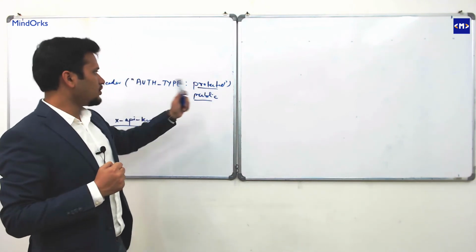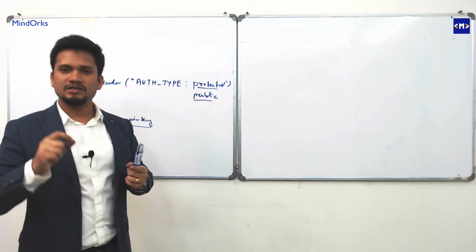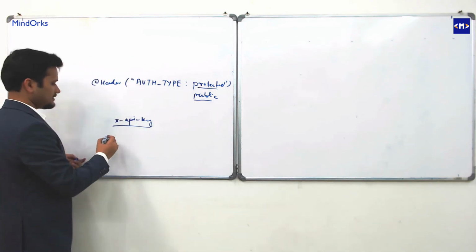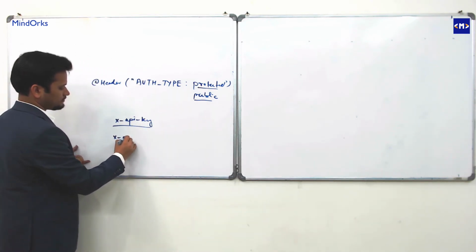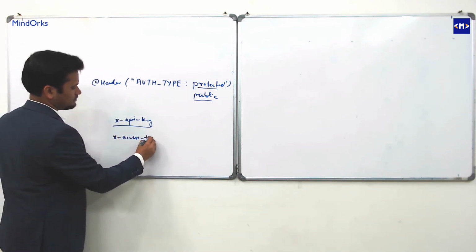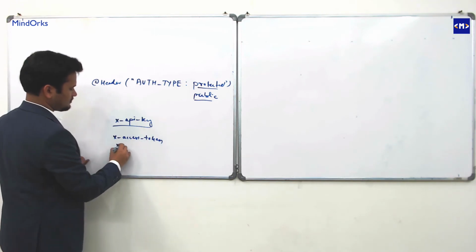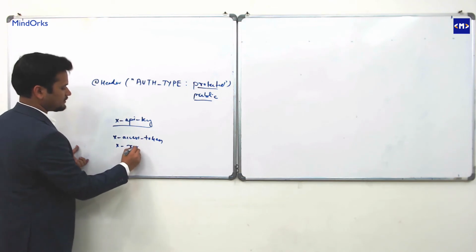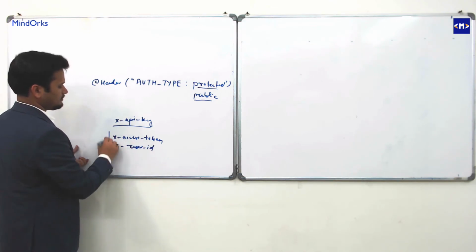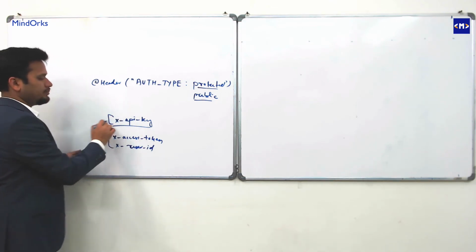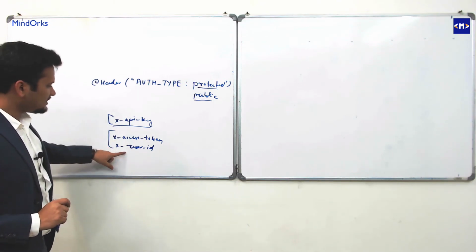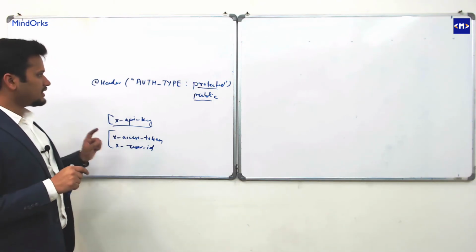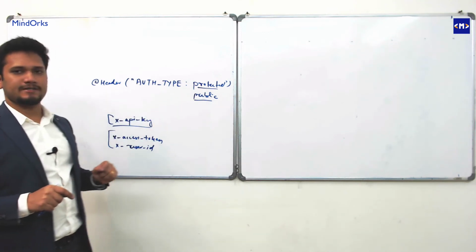So for all the protected APIs, you need to add these headers, access token and user ID, in addition to the API key.